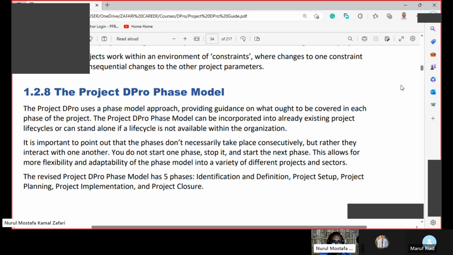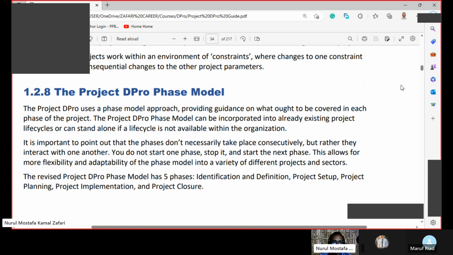Point 1.2.8, the Project DPro phase model. The Project DPro uses a phase model approach, providing guidance on what ought to be covered in each phase of the project. The Project DPro phase model can be incorporated into already existing project life cycles or can stand alone if a life cycle is not available within the organization.